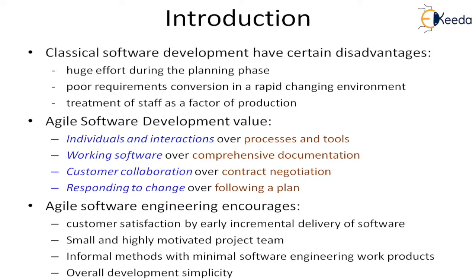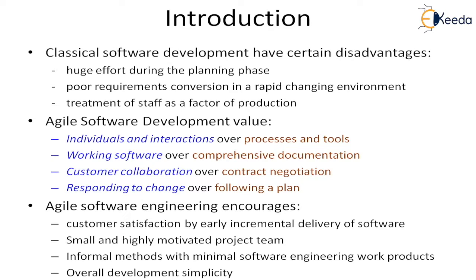And there is the treatment of staff as a factor of production. The treatment of staff is not good because they are always under pressure to produce, so they are very much fatigued and they are not respected that much.